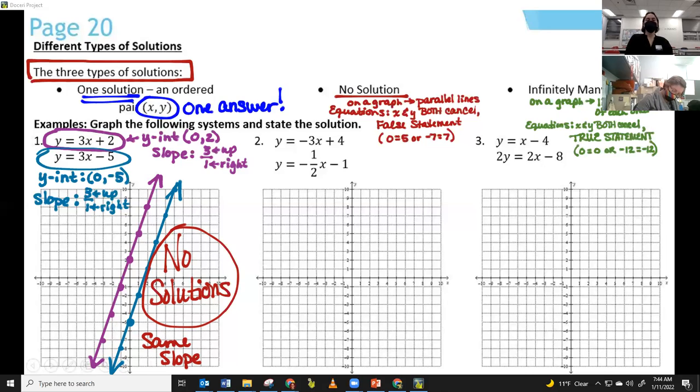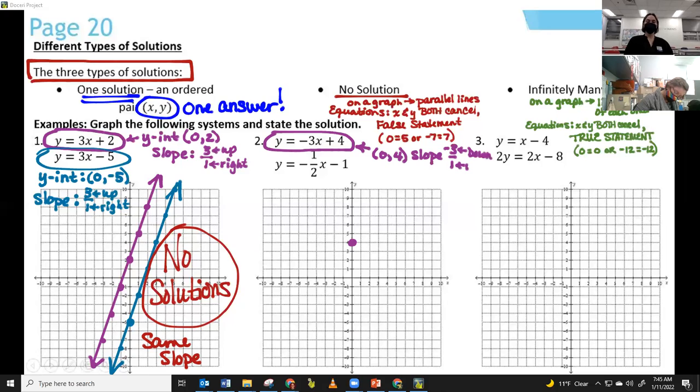Number 2, my y-intercept is going to be at 0, 4. And then where do I move from there? Where do I go from 0, 4? Down 3 and right 1. Yes. Slope is negative 3 over 1. So this is down.